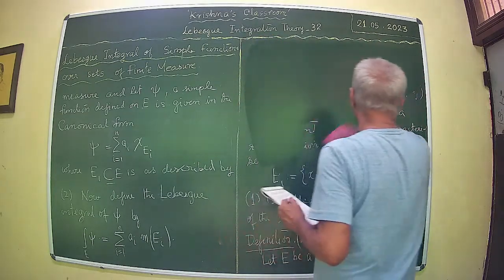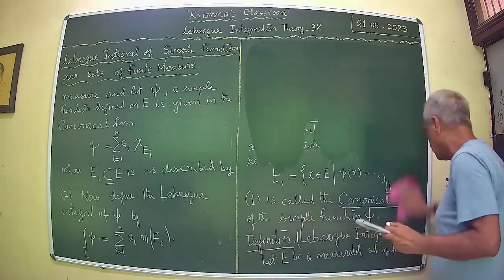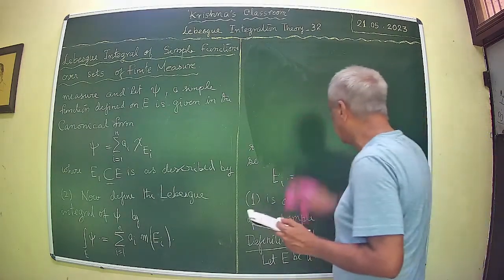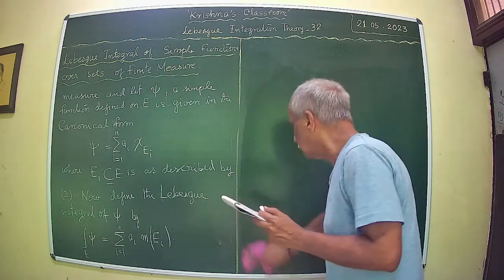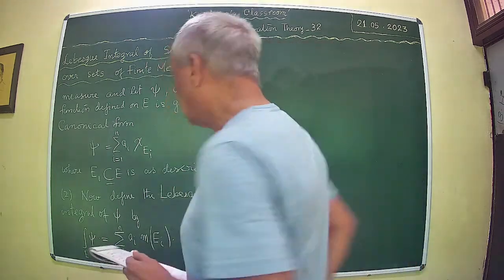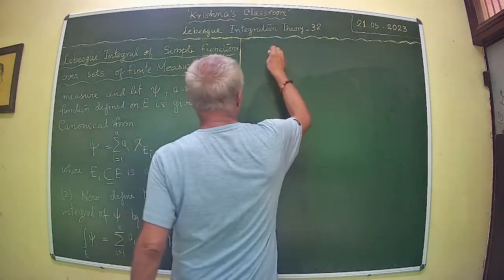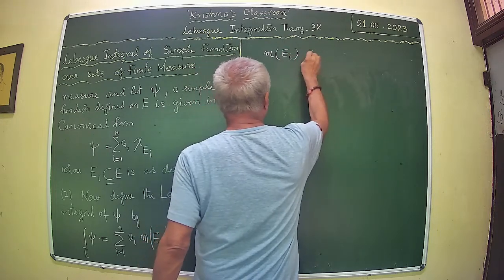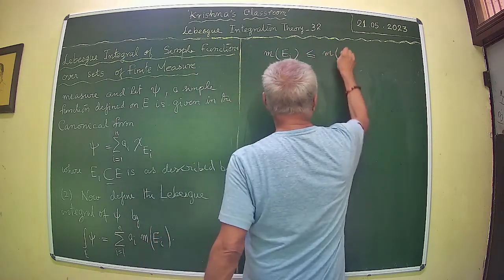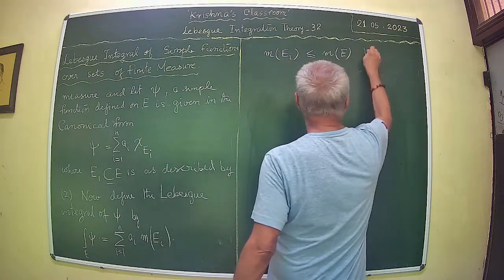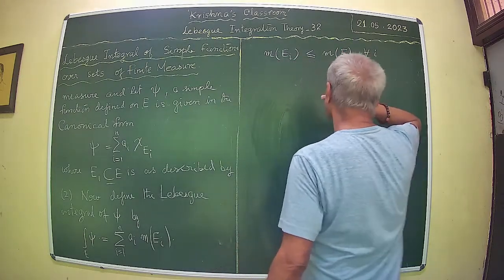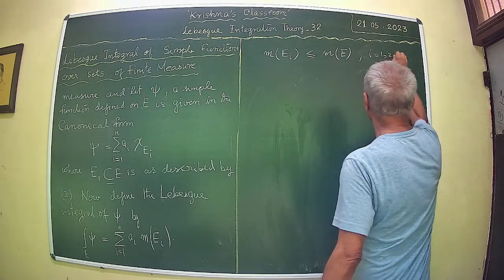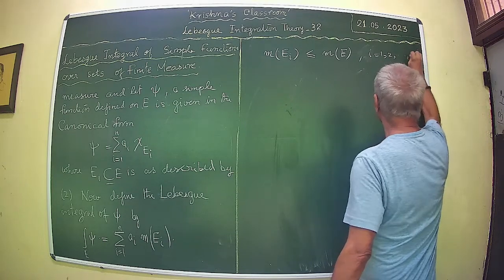E is of finite measure, and by monotonicity, since E_i is contained in E, we see that the measure of E_i is finite.